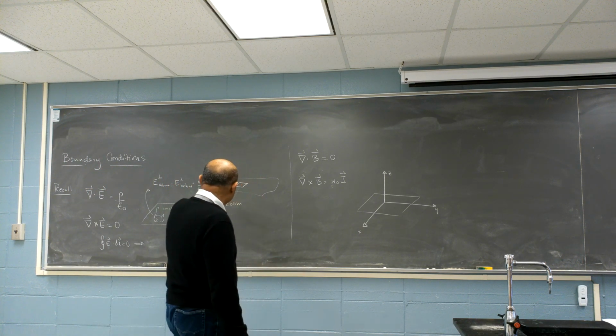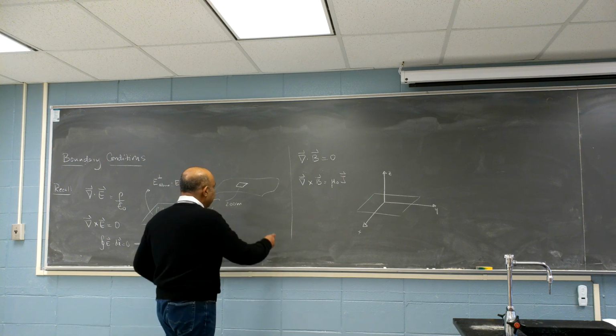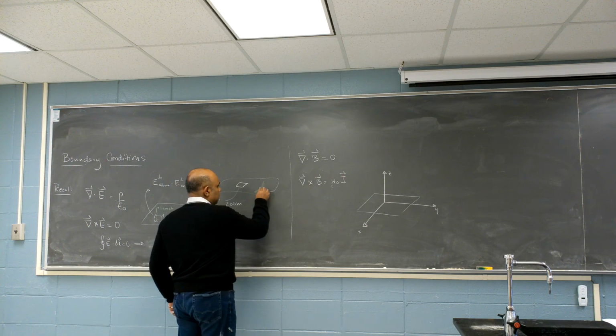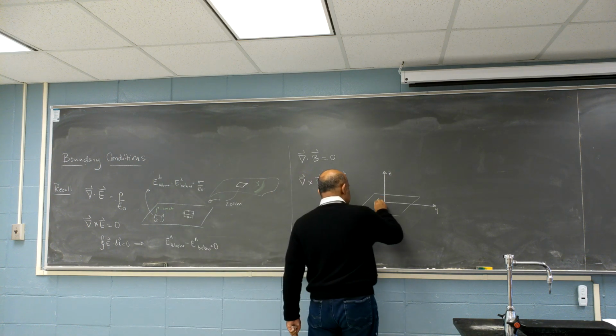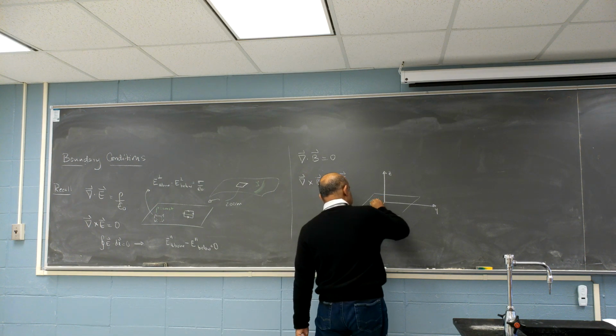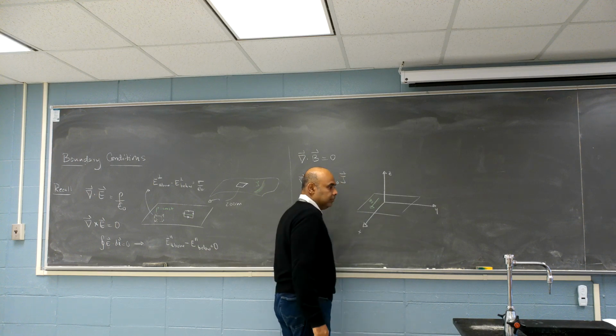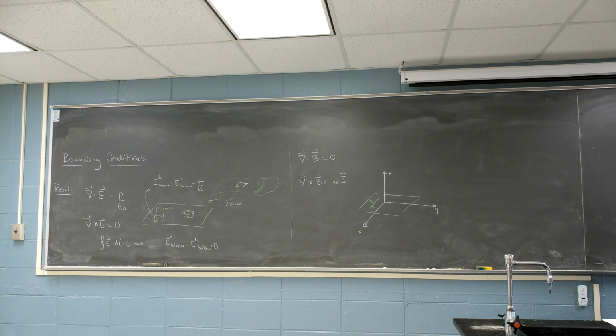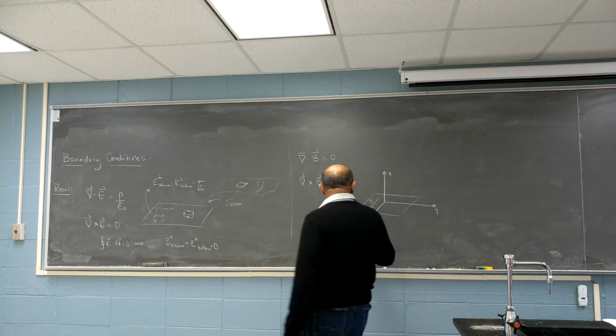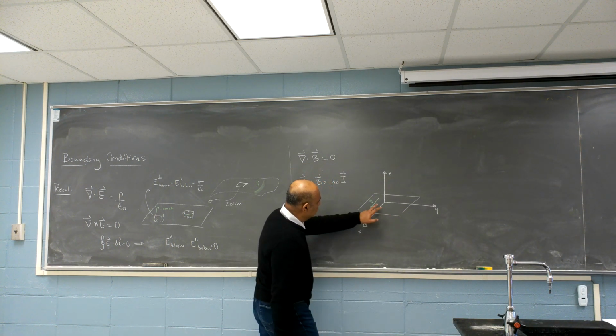So again, if you have a surface with now a current, J, they can be thought of as this. We know the answer already. What was the answer? B was in a direction perpendicular to the x.